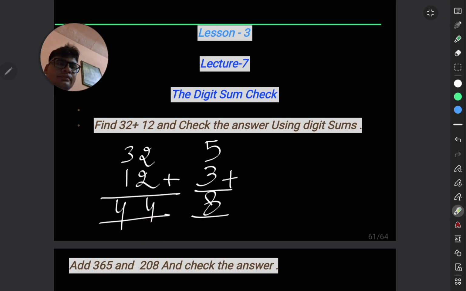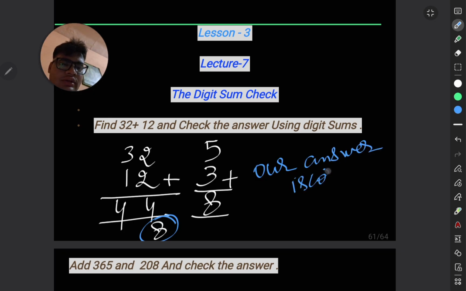So by adding the digit sums of the individual numbers we get 8, and the digit sum of the final answer is also 8. So our answer is correct.